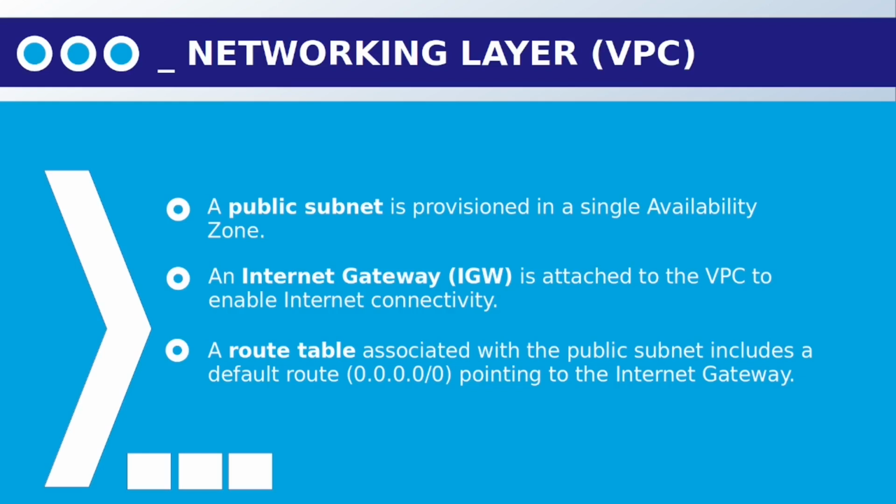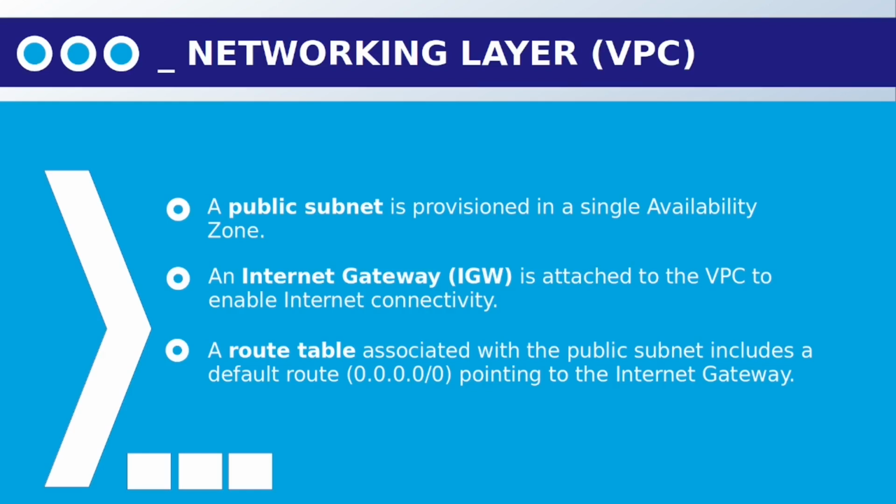Route table. A route table is associated with the public subnet. It contains a key rule: destination 0.0.0.0/0, target internet gateway. This rule means any traffic going outside the VPC should be sent to the internet gateway.